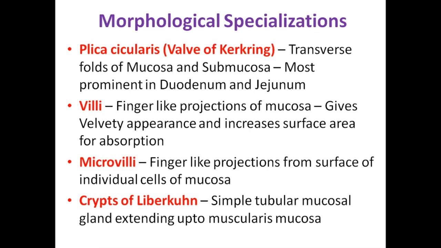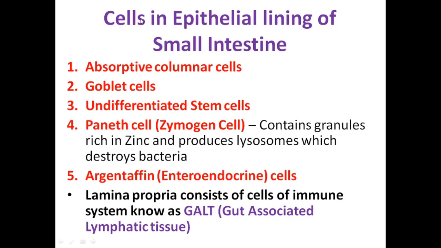And then you have to write about the different layers: what is the epithelium of the structure, what is the submucosa, and any other specification in the mucosa, submucosa, muscularis externa or serosa and adventitia. Apart from that, the cells in the epithelial lining of the small intestine are slightly different. First are the absorptive columnar cells, which form the major part of the epithelium of the small intestine.